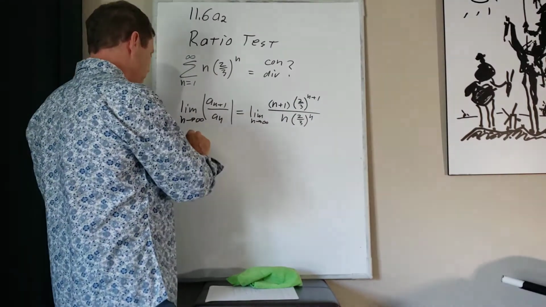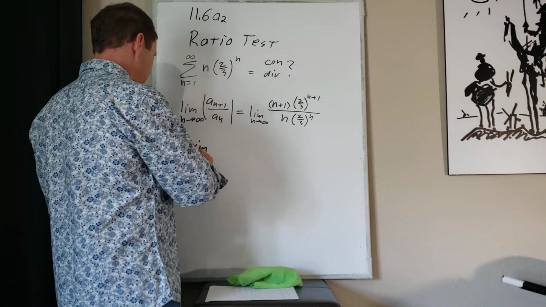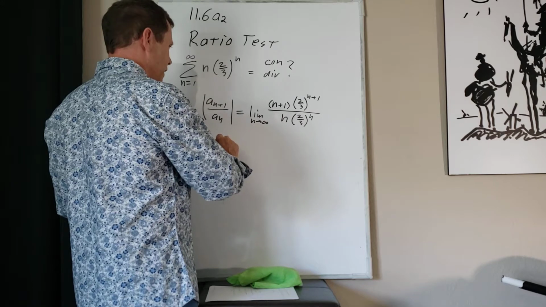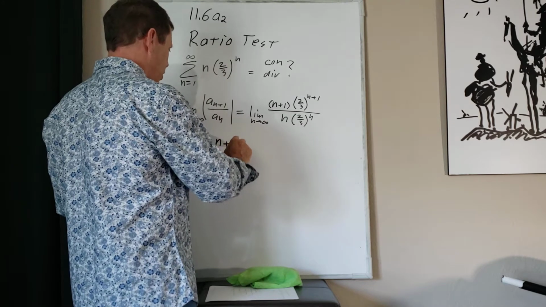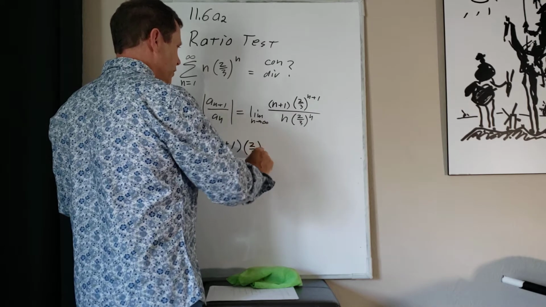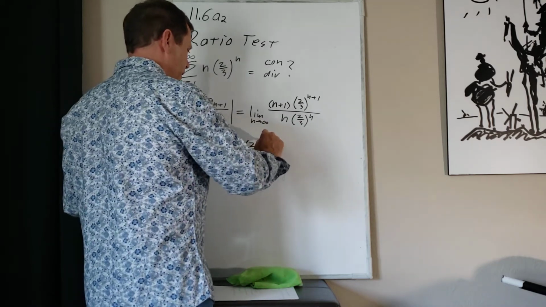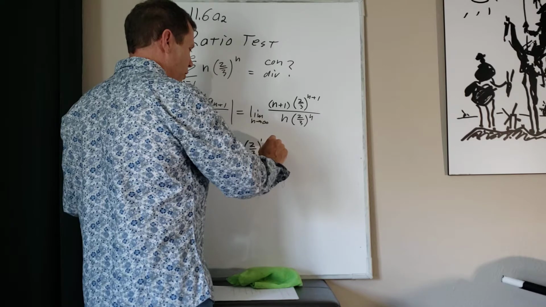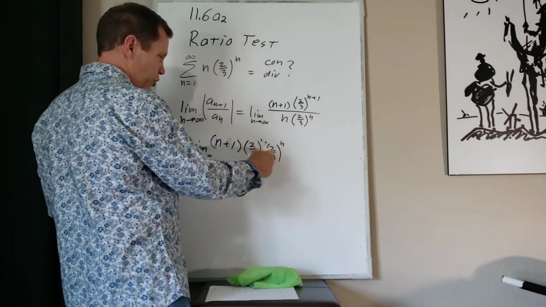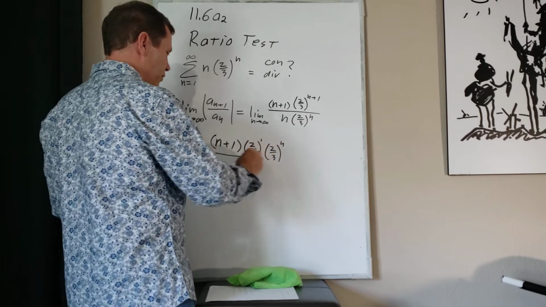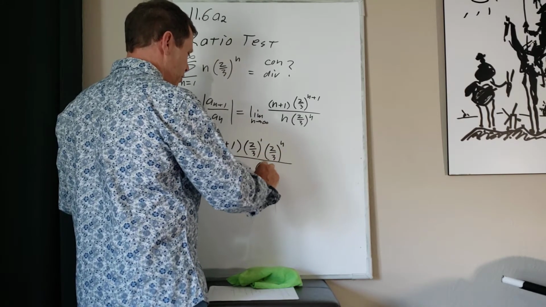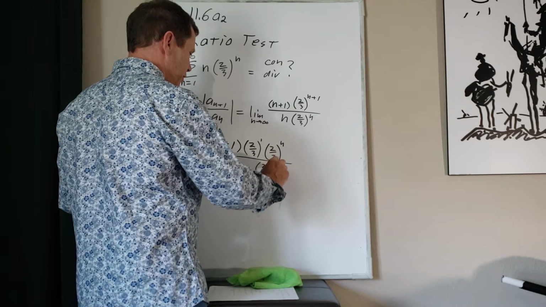It's going to become the limit as n goes to infinity of n plus 1 times 2/3 to the 1 power, and I got 2/3 to the n power, since that'd be 2/3 to the n plus 1 power, divided by n times 2/3 to the n power.